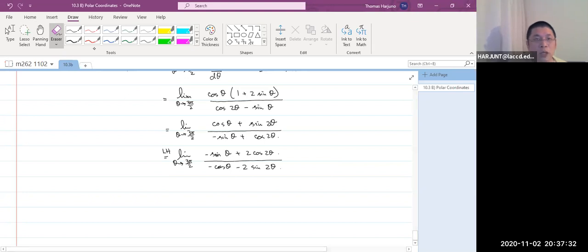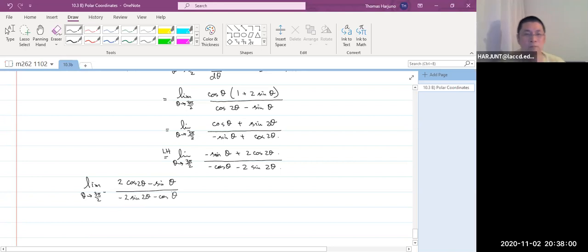So let's do it this way then. Limit, theta going to 3 pi over 2 from the left hand side, of 2 cosine 2 theta minus sine theta over negative 2 sine 2 theta minus cosine theta. And see what happens if you approach that from the left hand side, and you also see what happens if you approach that from the right hand side of 3 pi over 2.